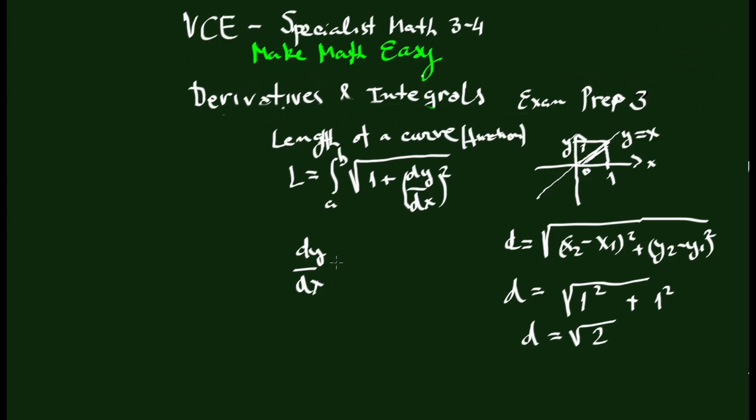For y equals x, the first derivative is 1. So the formula will look like: integral from 0 to 1, square root of 1 plus 1 square, and that's square root of 2, dx.